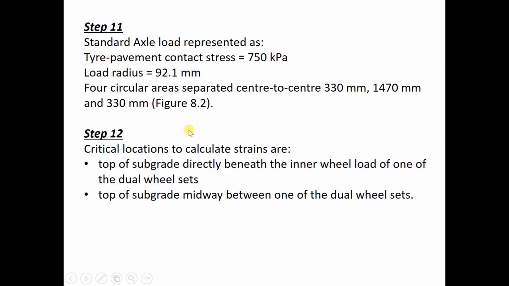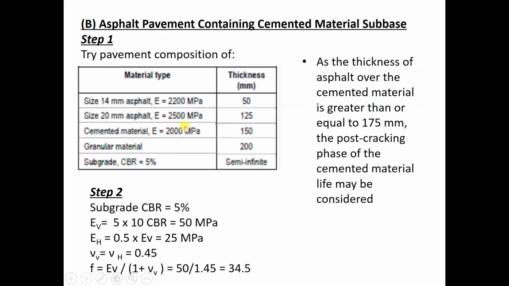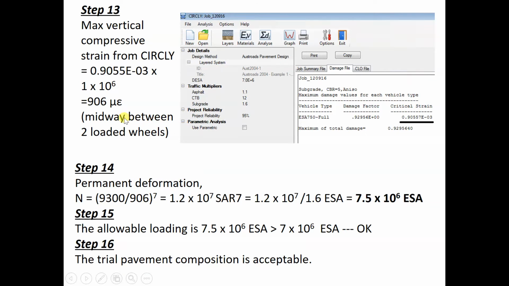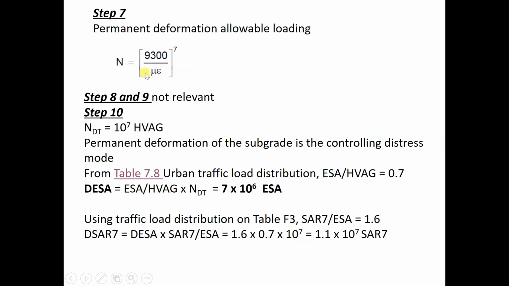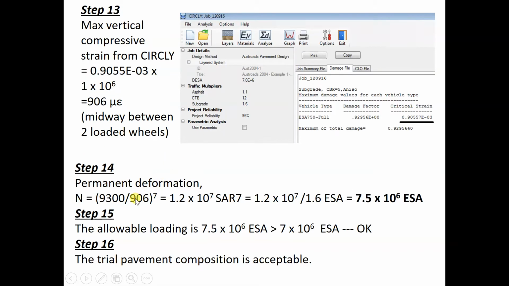So the permanent deformation, based on this formula, will be 9300 divided by 906 to the power of 7. Okay, 9300 divided by 906 to the power of 7 equals 1.2 times 10 to the power of 7 SAR 7.